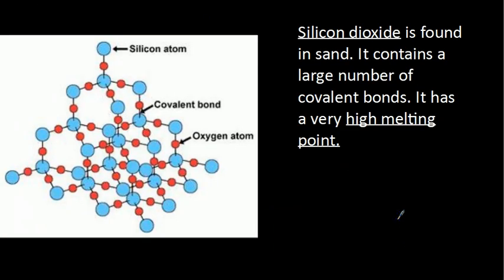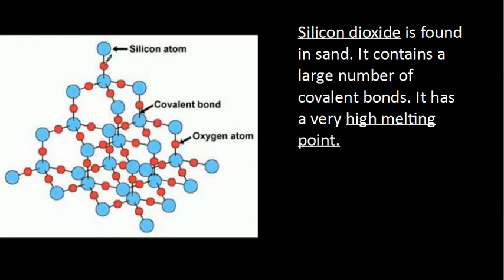The last structure that you need to know about is silicon dioxide. Silicon dioxide is found in sand. It contains a large number of covalent bonds, very similar to diamond, and it has a very high melting point. So the blue circles here represent a silicon atom, the red circles represent oxygen, and the lines between them represent the covalent bonds.